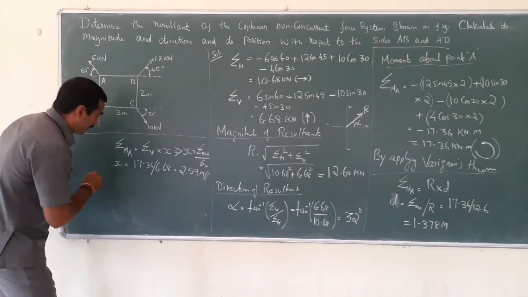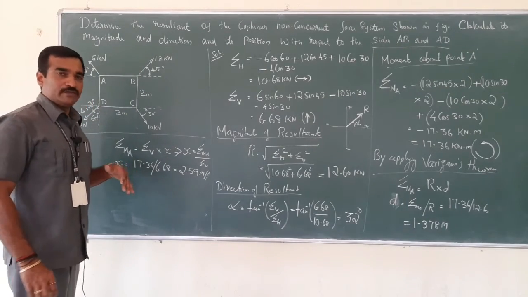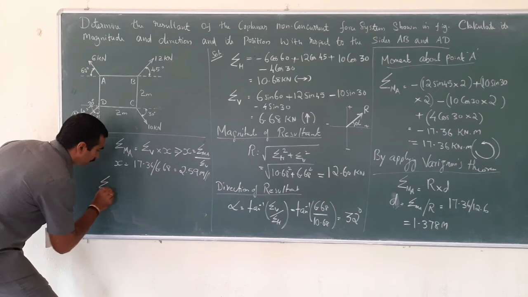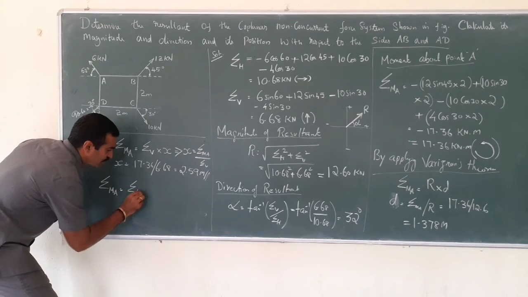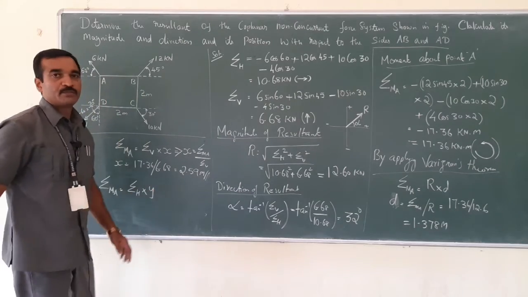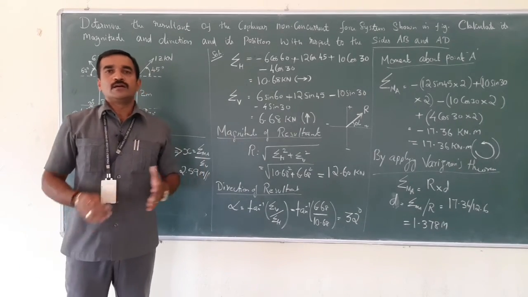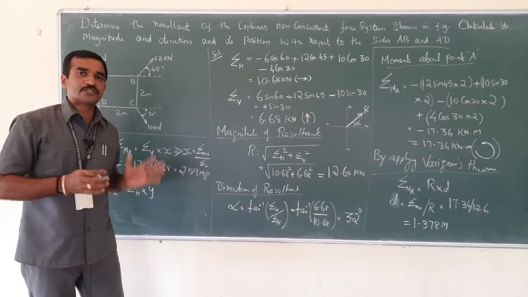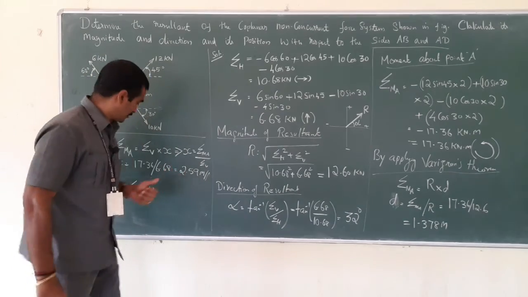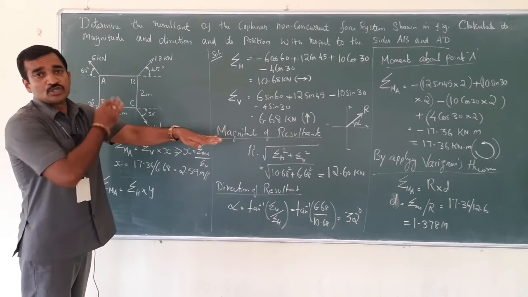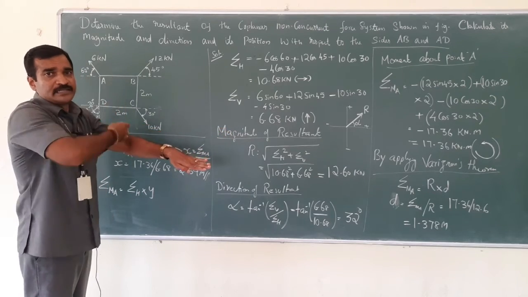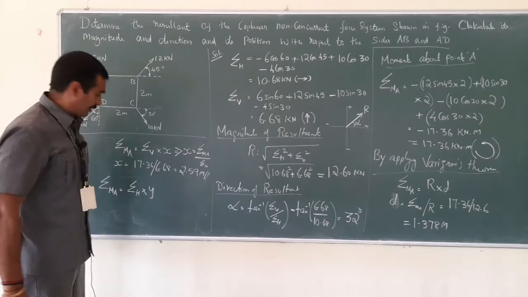Next, Y. To find the Y value, the formula is summation of MA equal to summation of H into Y, because the formula for the moment is force into its perpendicular distance. When the force is acting in the horizontal direction, it should have a perpendicular distance, that means it's the Y direction.